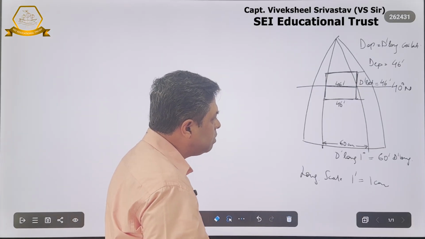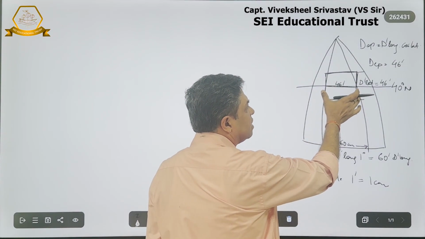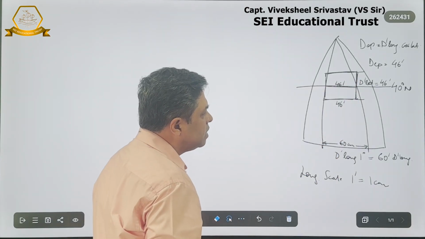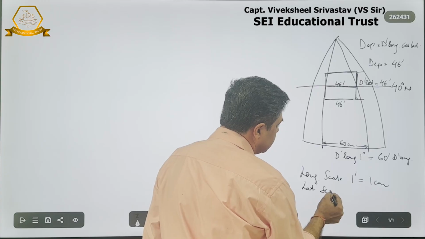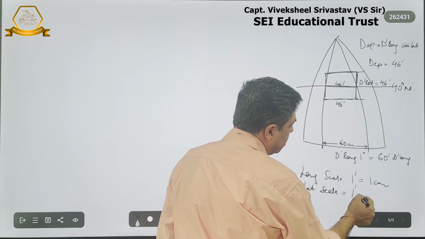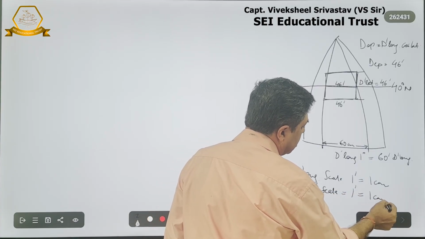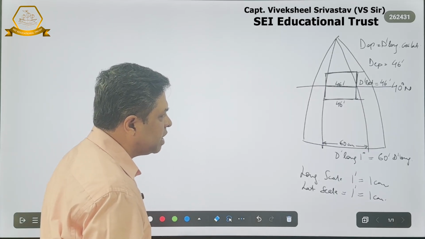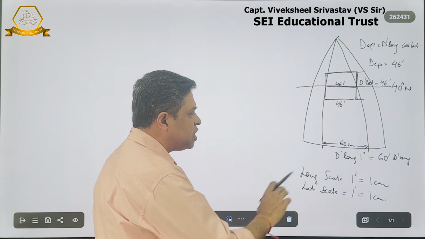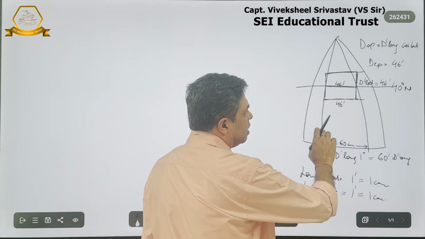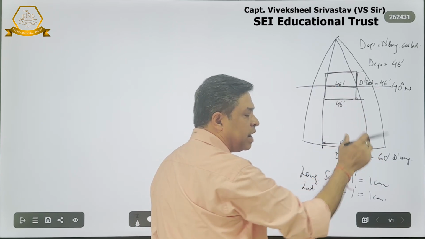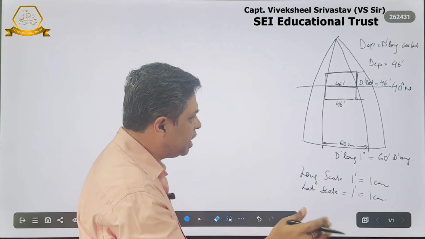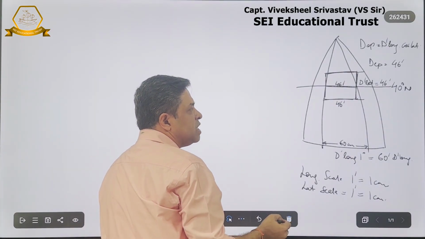All right. So a square is a square over here. And our latitude scale is also the same. 1 minute is 1 centimeter. So distance measurement is not a problem. Everywhere you measure, the distance is the same, whether you measure here or here, in all directions, at all places, it will come out the same.